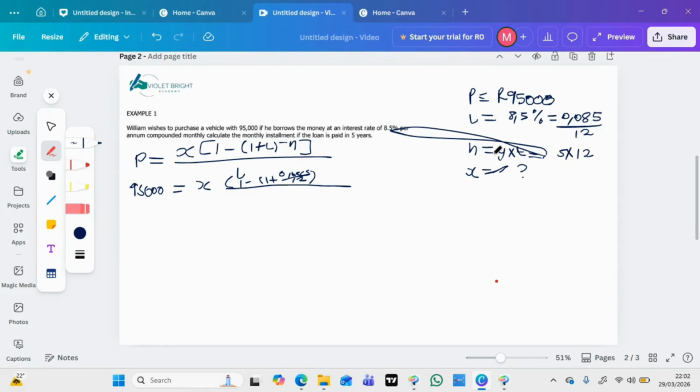Remember, n is equal to 60, so you can just write it as negative 60 here.